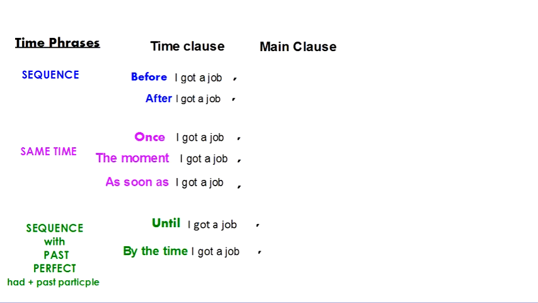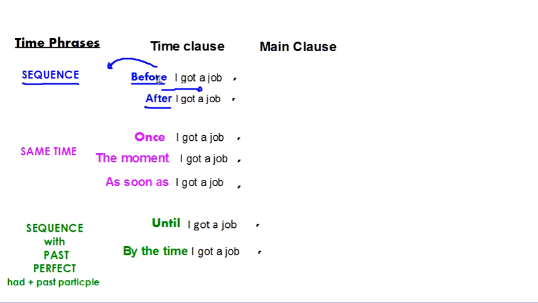Alright, so let's take a look at our time clauses. Now, when we use a time clause, we always use a time phrase to indicate time. So for example, when we're talking about a sequence of events, we can use things like before and after. So remember, before indicates something that happened prior to the action, and after indicates something that happened later than the action, right?